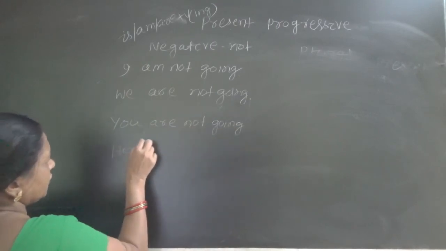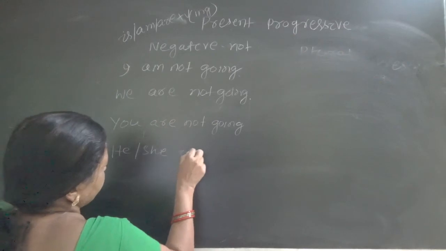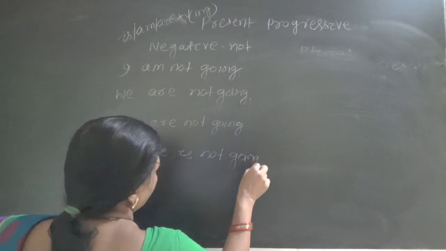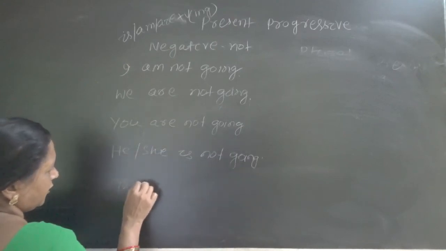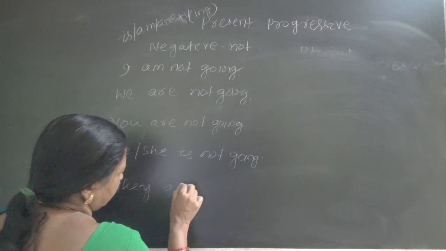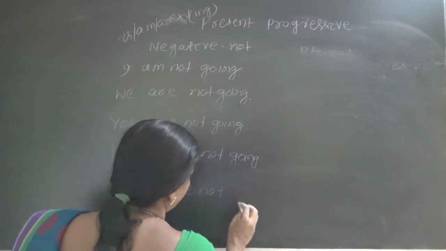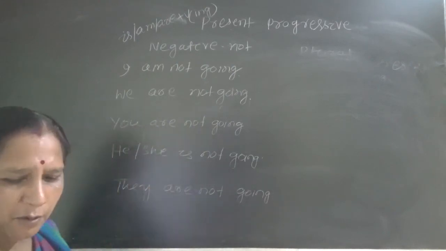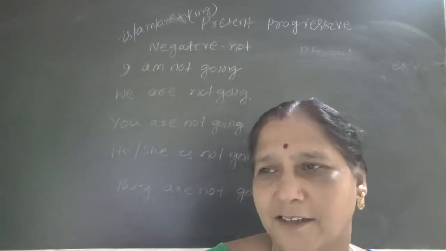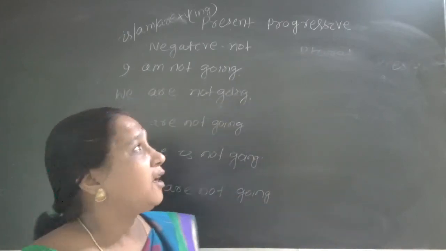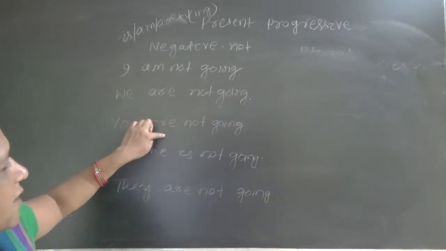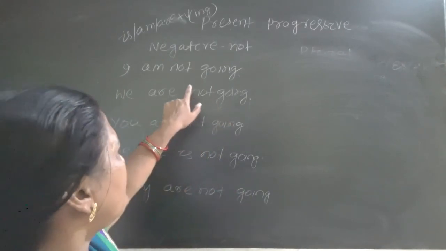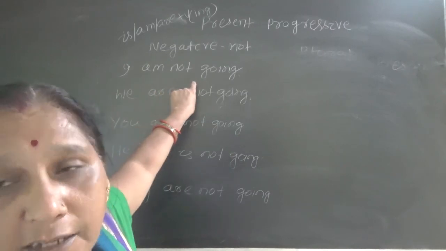He or she is not going. They are not going. It is easy to turn it into negative because the auxiliary verbs are present here.